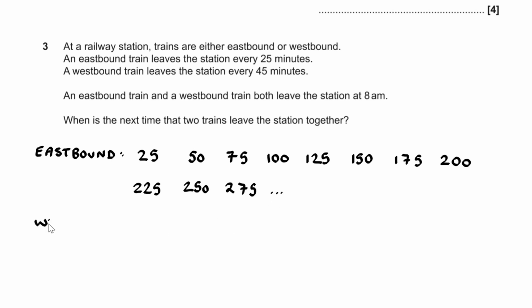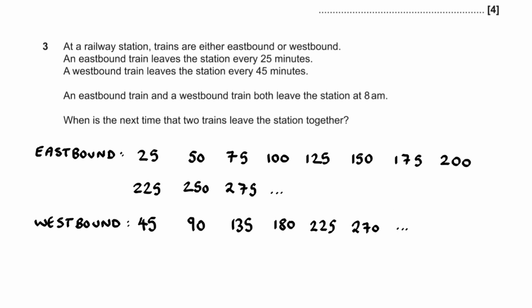And if we consider westbound, well, what we'd have here, if we list the multiples of 45, we've got 45, 90, then 135, then 180, then 225, then 270, and we could continue, but what you'd notice over here is the lowest common multiple of both is 225.